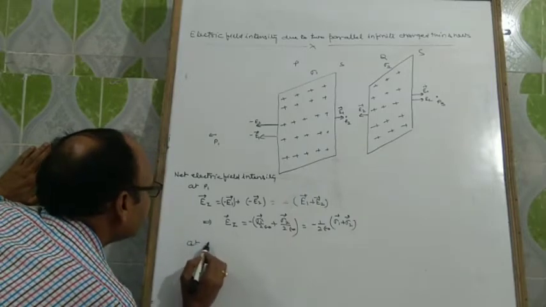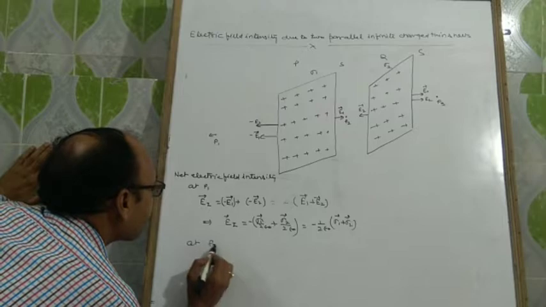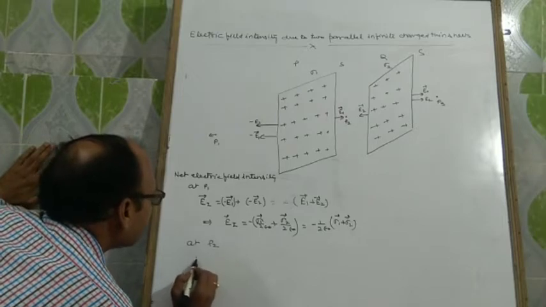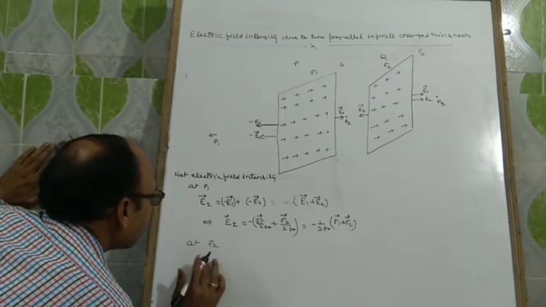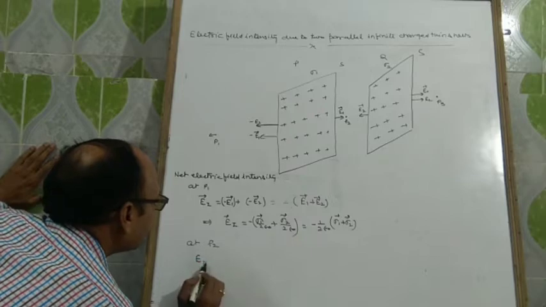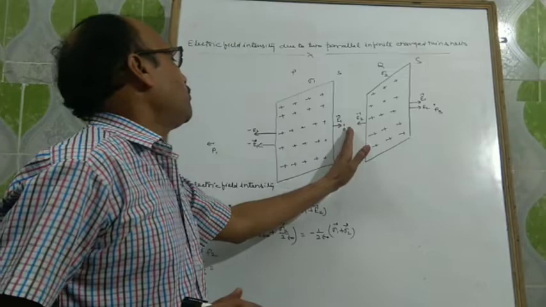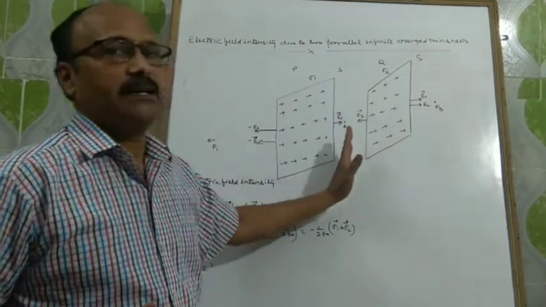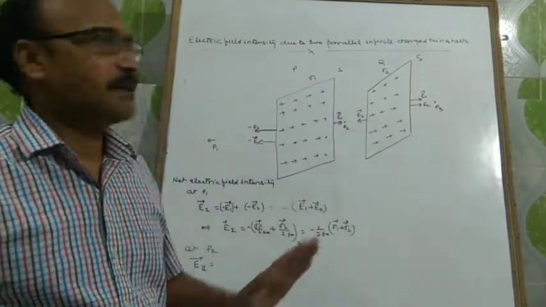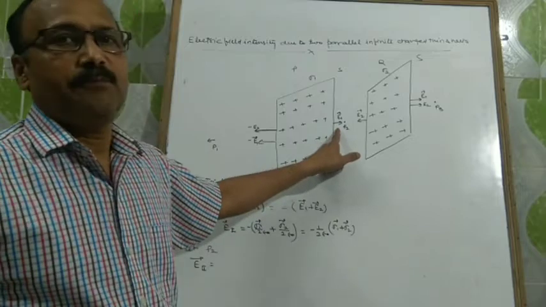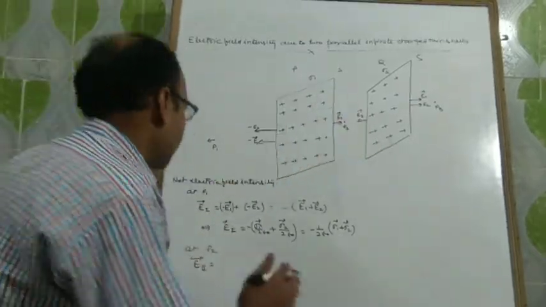at P2, E second will be equal to, see, this P2 is on the right side of the first plate and on the left side of the second plate. So E1 will be positive and E2 will be negative.